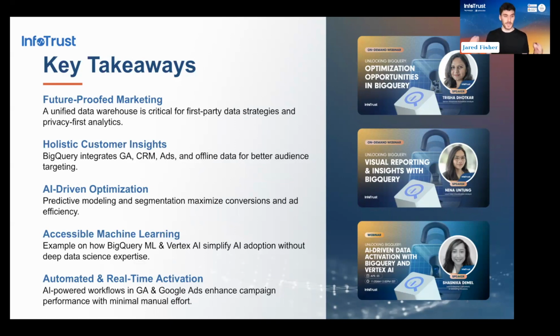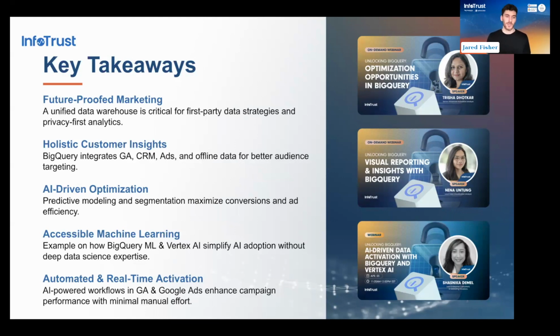Last is holistic customer insight. Rather than making decisions based on specific platforms, maybe your CRM, GA, or specific ads platforms, we want to make sure you're bringing that together and building your audiences with as much data as possible, so you can activate those audiences in multiple areas. So you actually get better insight into the audiences that are hitting the site.